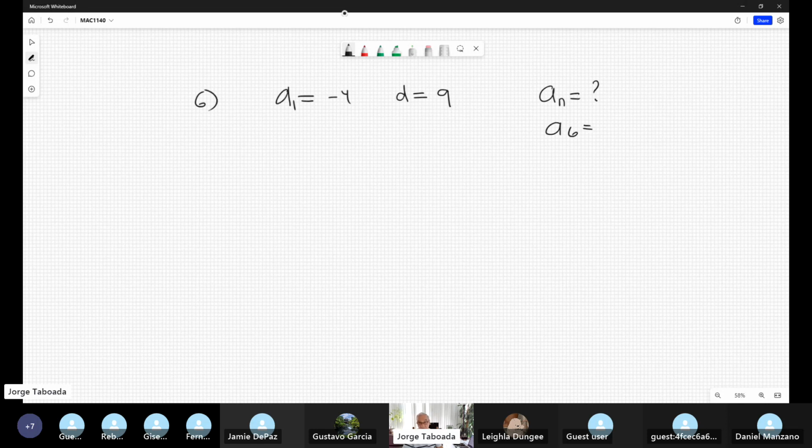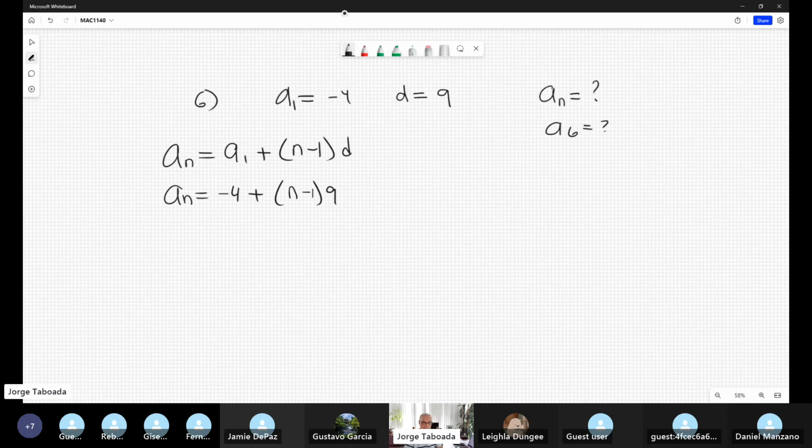the position 6. The formula for A sub n in general is A1 plus n minus 1 times d. In our specific example, A sub n is equal to minus 4 plus n minus 1 times 9.